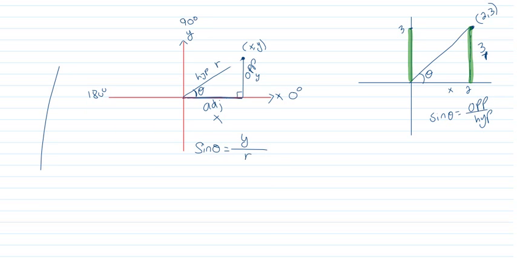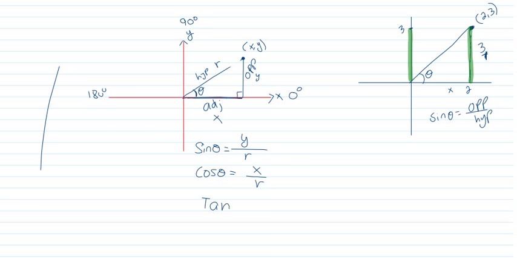Okay? If I want to do cosine theta, what would it be? What's the formula for cosine? So what's the letter for adjacent in this case? X over r. How about tan?